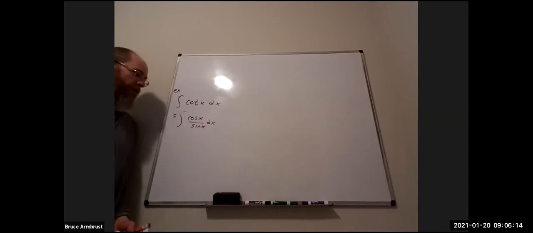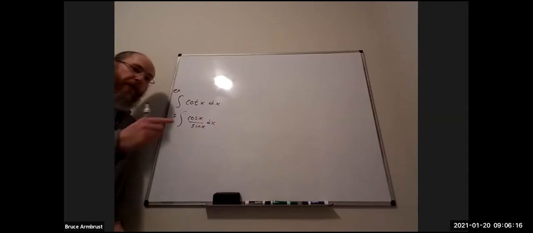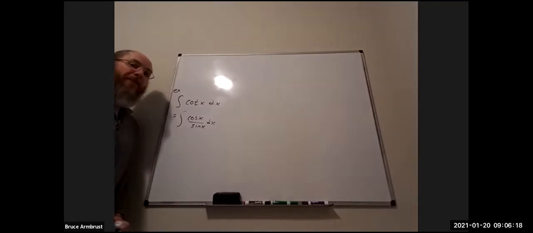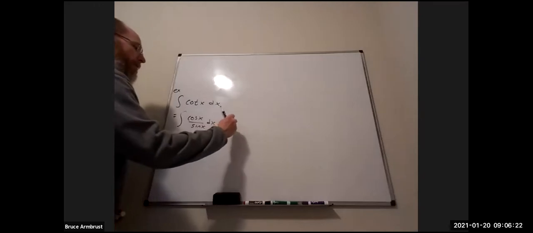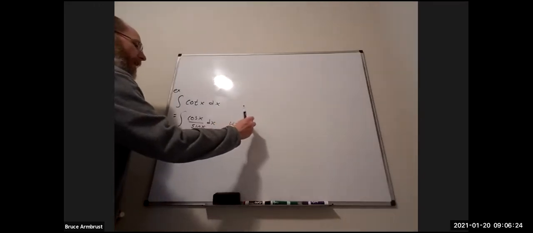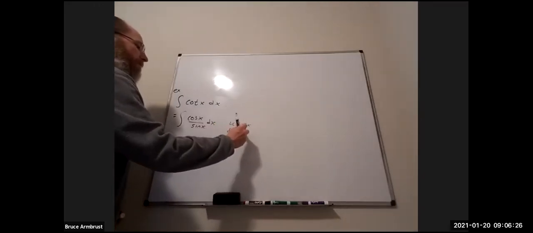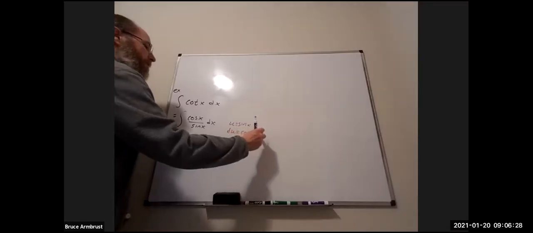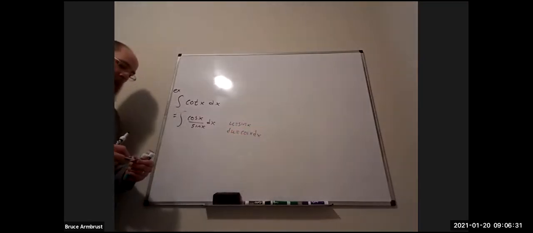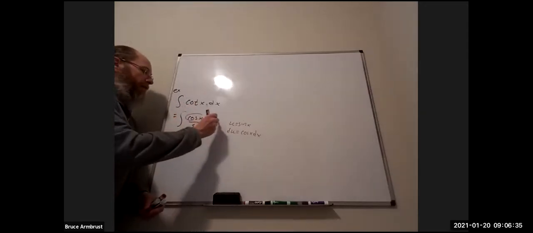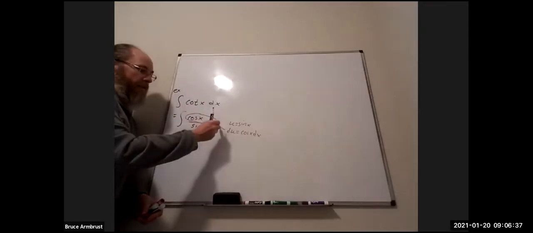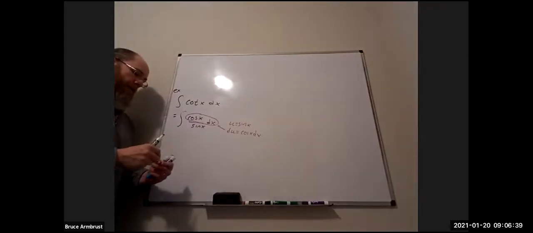And so what we can do for this one is very much what we did with the last homework example you guys just asked me about. I can let u equal sine of x, so then du is equal to cosine of x dx. So everything on top here, the cosine x dx, is now going to be a du.